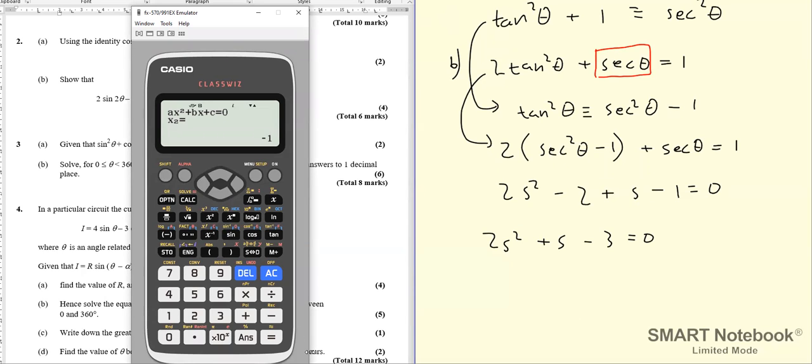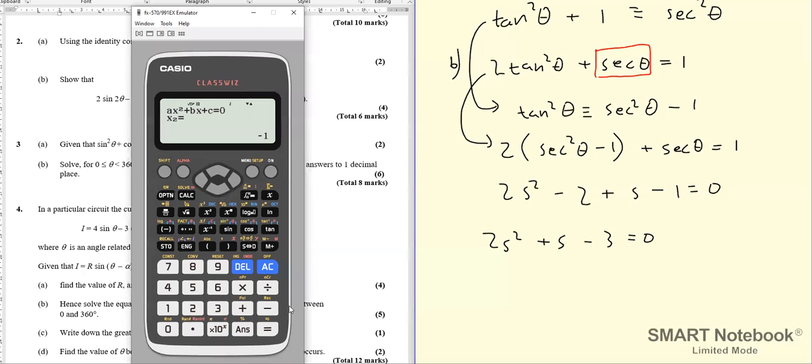and I can now use the quadratic solver again. So we've got a equals 2, b equals 1, and c equals minus 3. And so the first solution we get is sec theta equals 1.